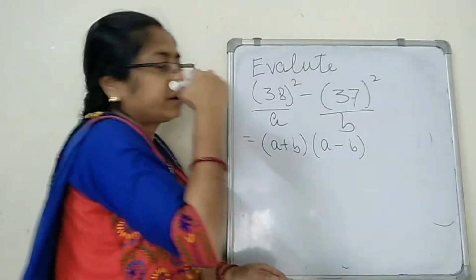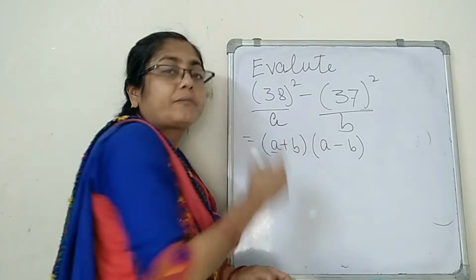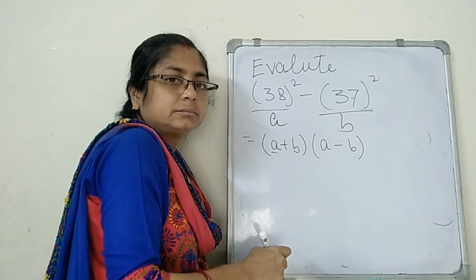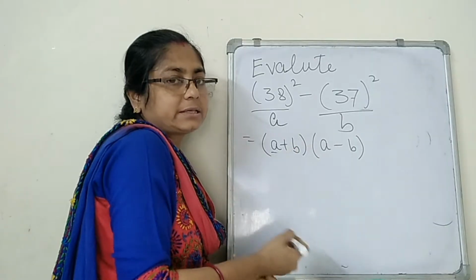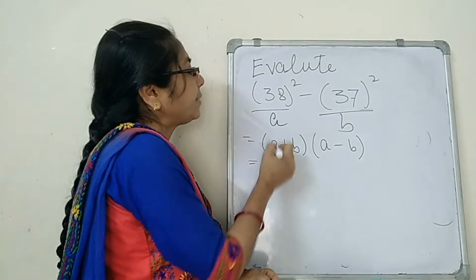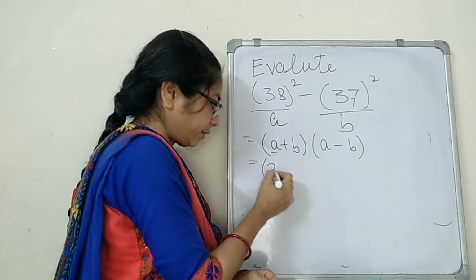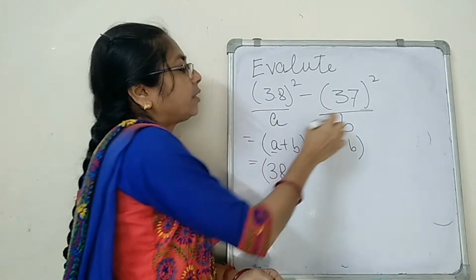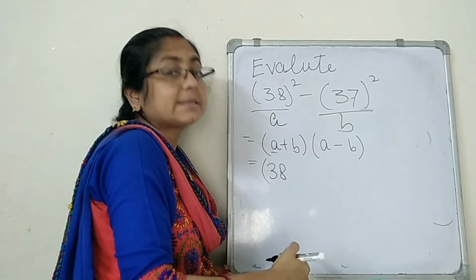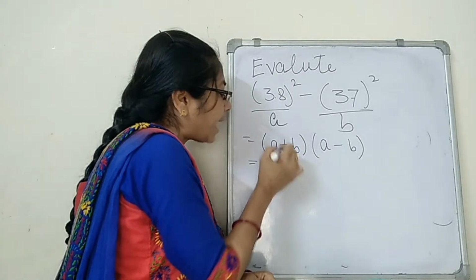Clear? Anyone can tell what is the value of a? If you know, please write in the chat box. A means 38. Okay. Very good. What is the value of b? It is 37.